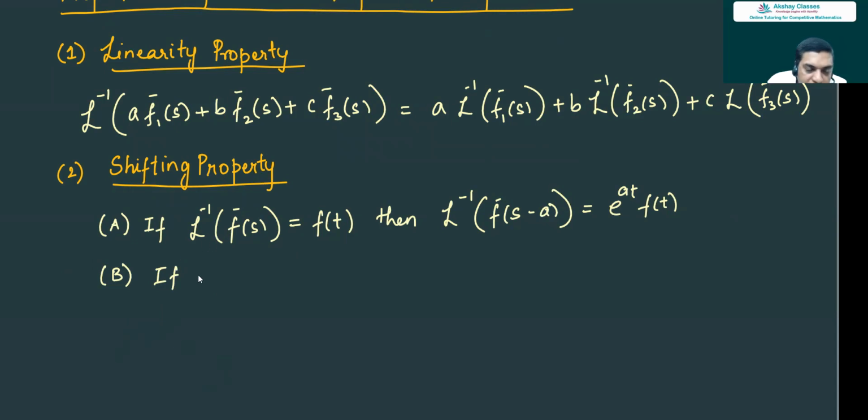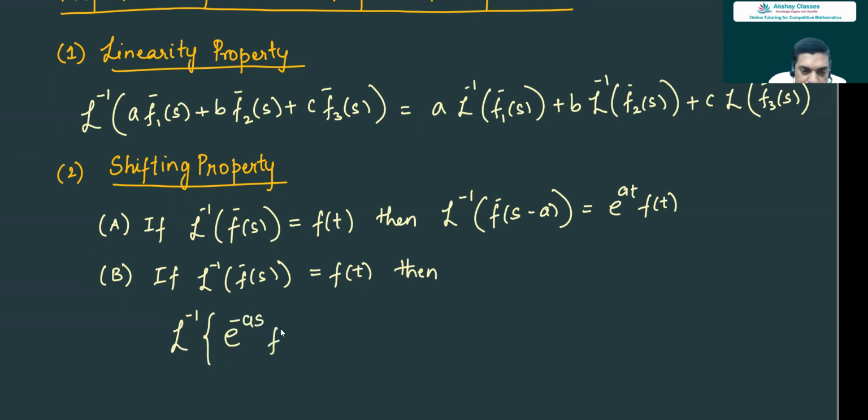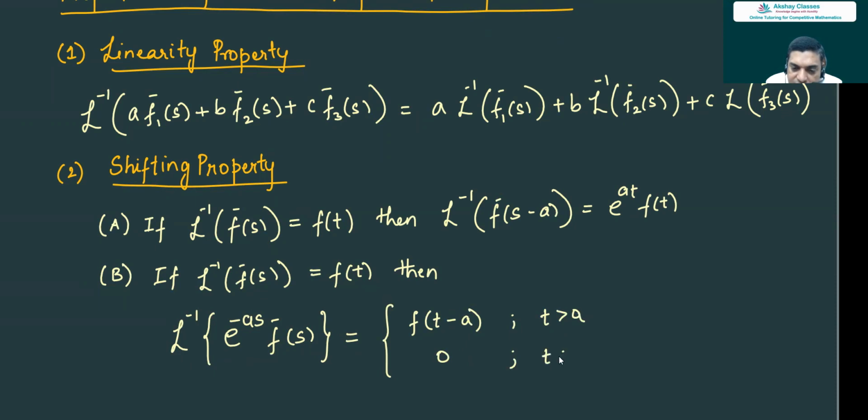So if Laplace inverse of f bar of s is f of t, then Laplace inverse of e power minus as f bar of s is f of t minus a for t greater than a and 0 for t less than a.